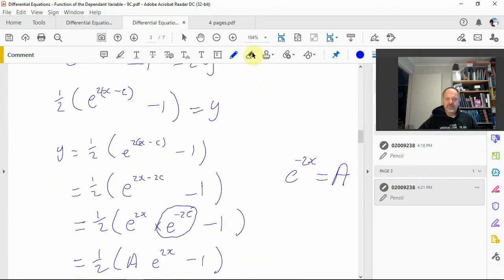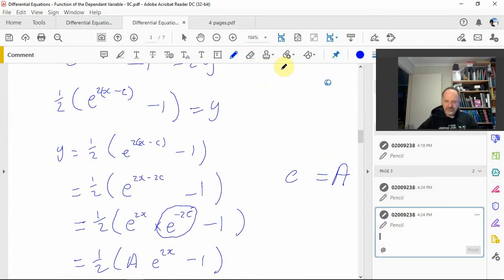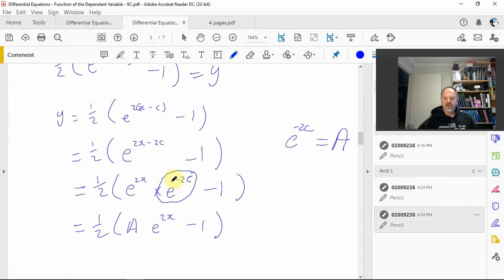I made a bit of error there. It's negative 2c, not negative 2x. So e to the negative 2c is equal to a, this one there. Sorry if I've confused anyone. All right, so this a has that all wrapped up in it. So a is a number, a constant, because this here is. All right, so sometimes you'll see it like that.